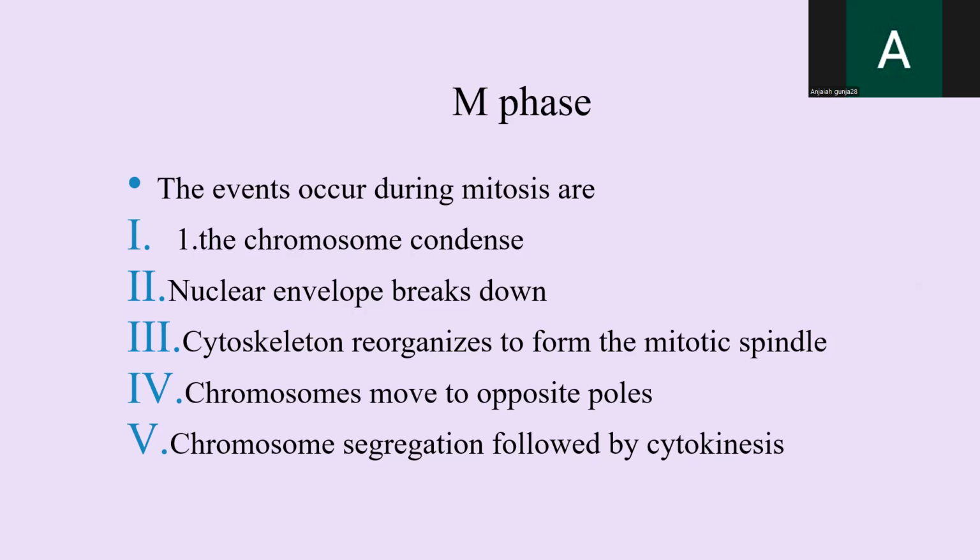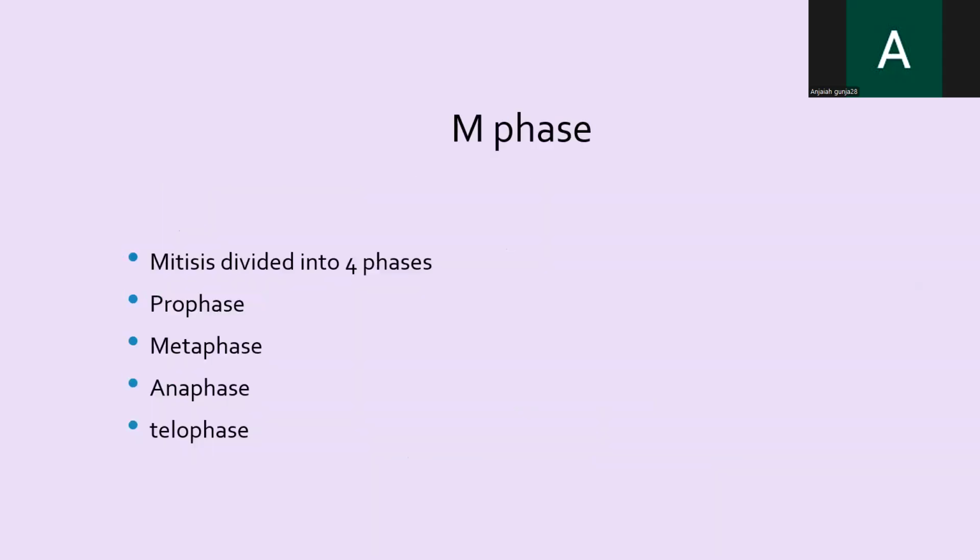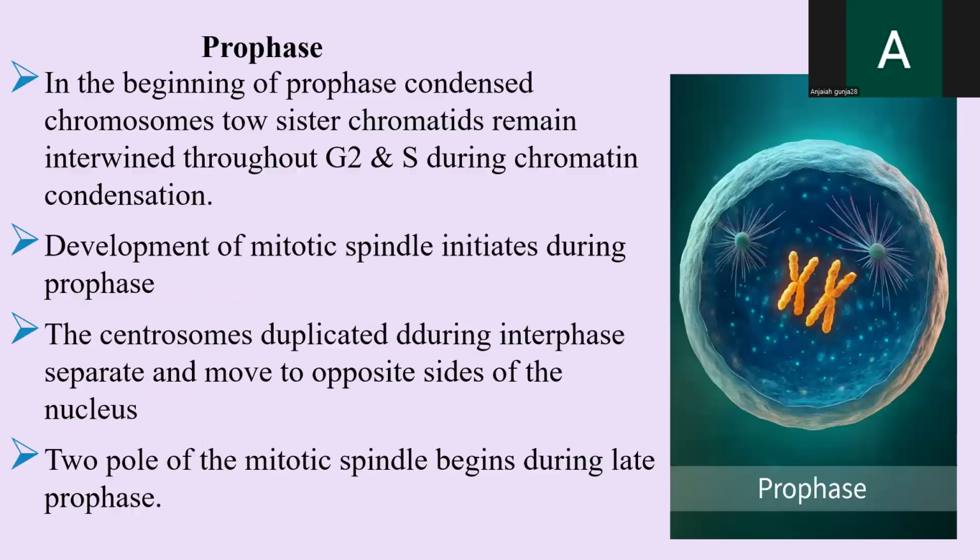The fourth, chromosomes move to opposite poles. The fifth is chromosome segregation followed by cytokinesis. Now we will see one by one. M phase is divided into four phases. The first is prophase, the second metaphase, the third anaphase, the fourth telophase. It is followed by cytokinesis.